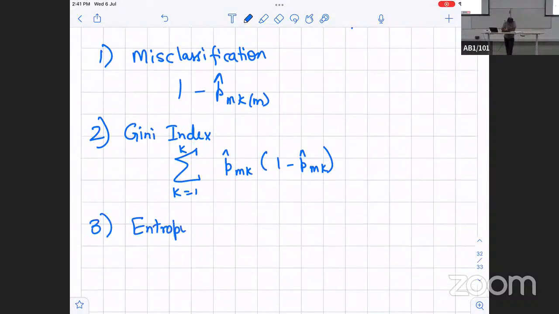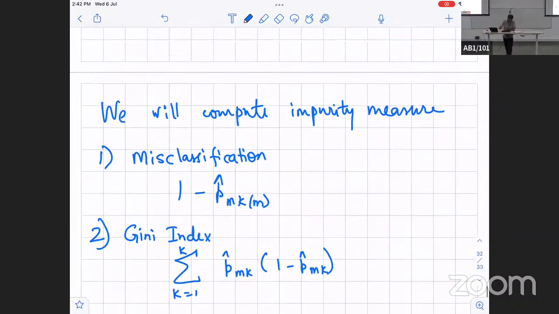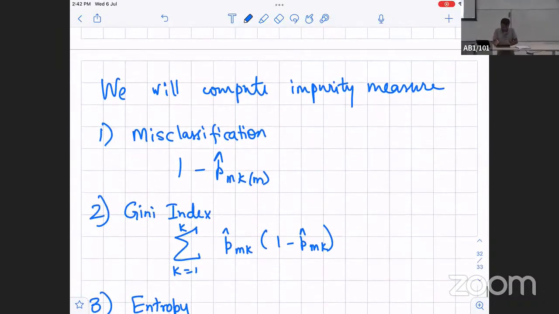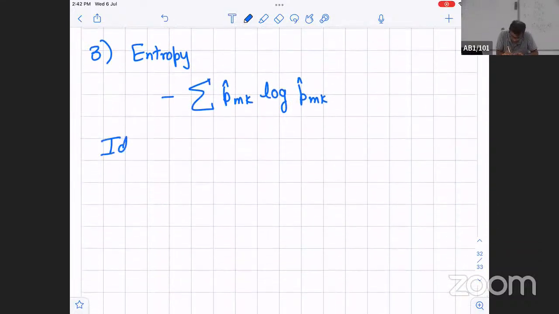I will explain this and you'll get a better sense of what is happening, but let me first write it. The idea is as follows. Let me try to explain the idea behind impurity measure.